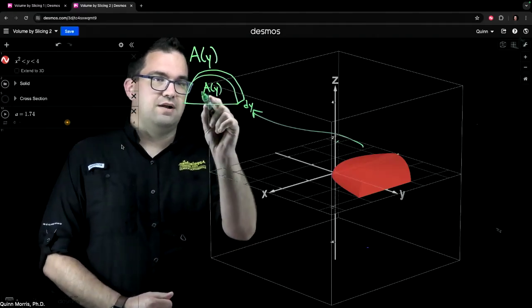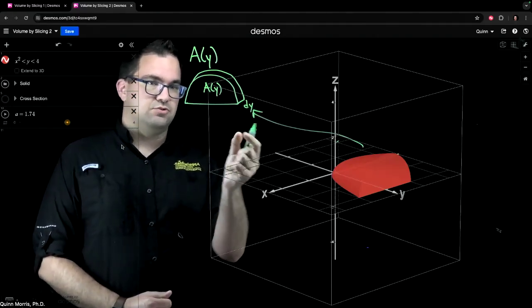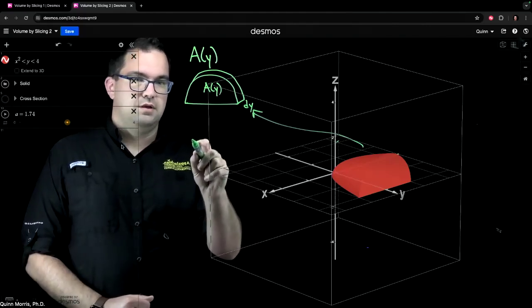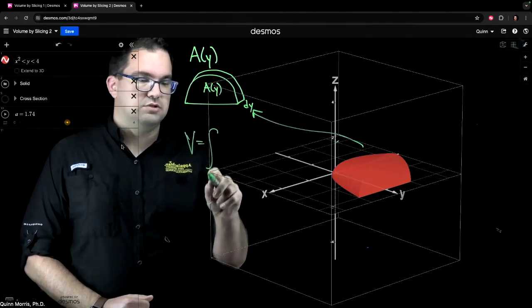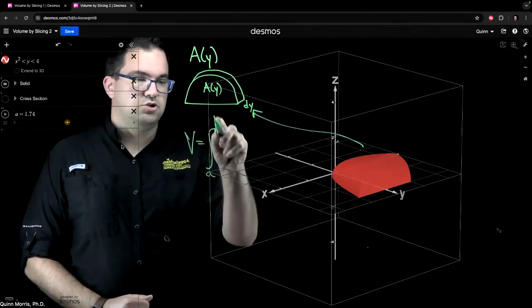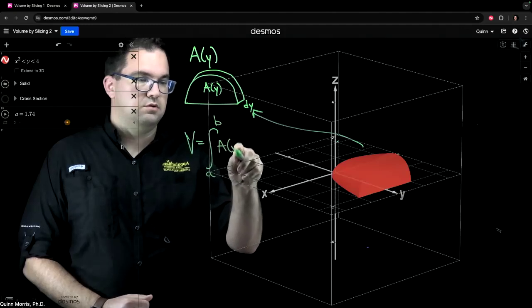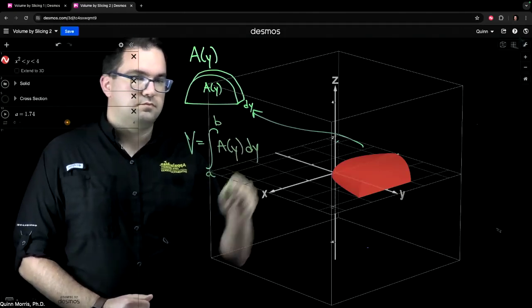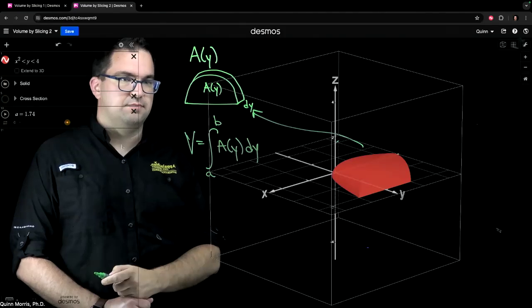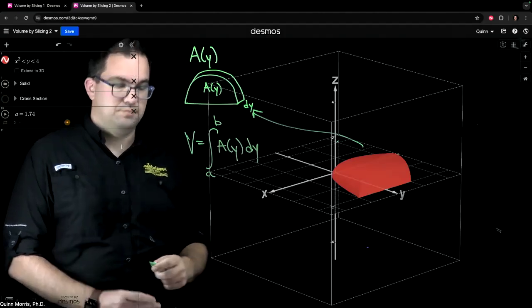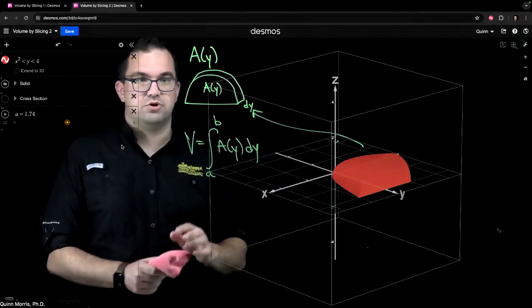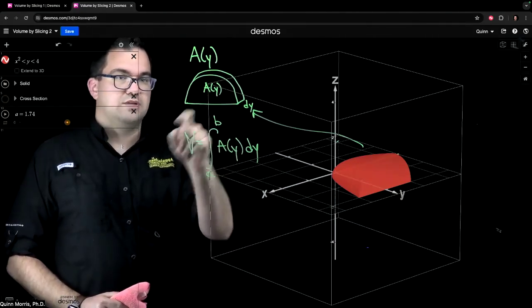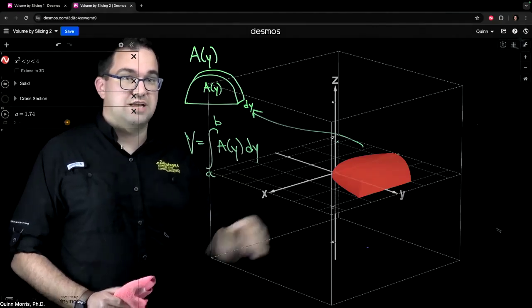But in general, if I can find this area, and then I thicken it out by dy, then if I want to find the total volume, I would simply add all of those up over some range of y values. And so in this case, I would get something that looks like this. Again, we can do this for any general solid, as long as we can find these cross-sectional areas.